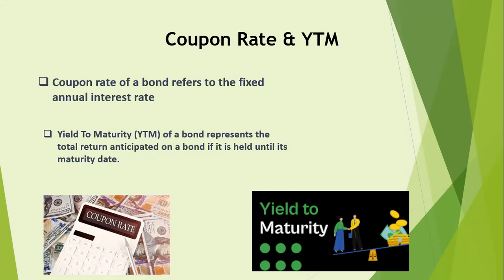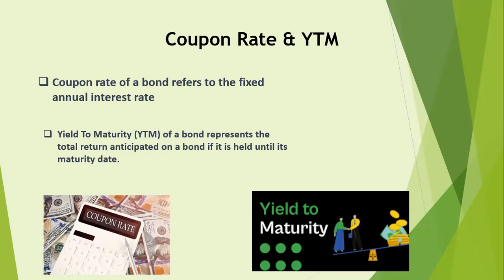On the other hand, the yield to maturity of a bond represents the total return anticipated on a bond if it is held until its maturity date. Okay? So the yield to maturity of a bond represents the total return anticipated on a bond if it is held until its maturity date.